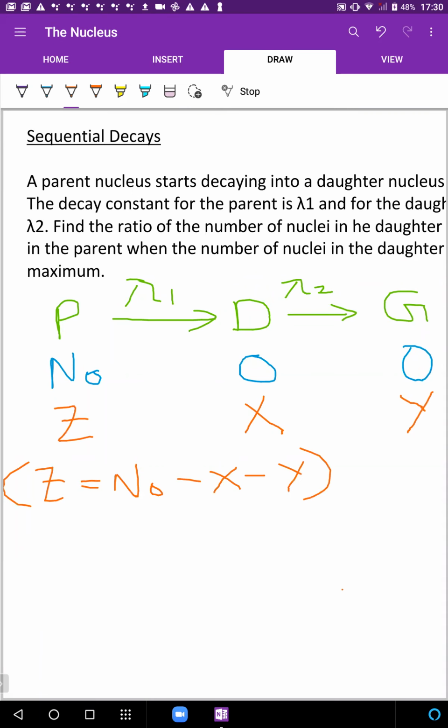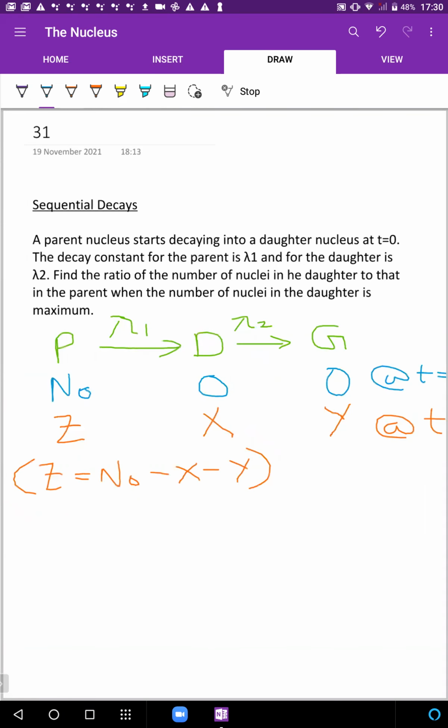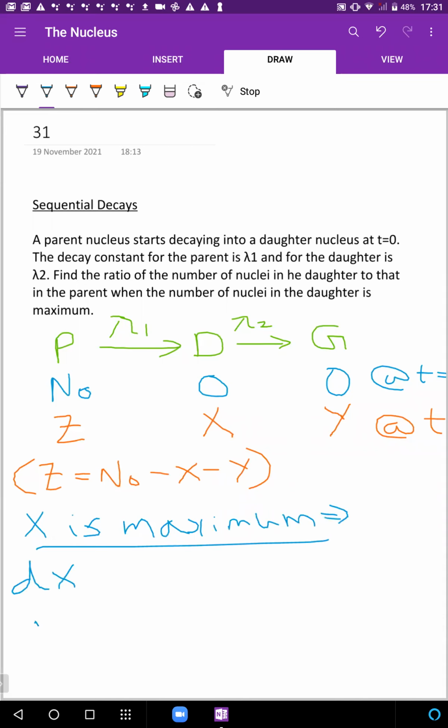So the idea is that when the number of nuclei of the daughter nucleus reaches its maximum, when x is maximum, that just means the rate of change of x is 0. Rate of change of x is 0.